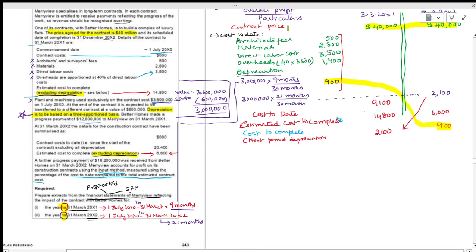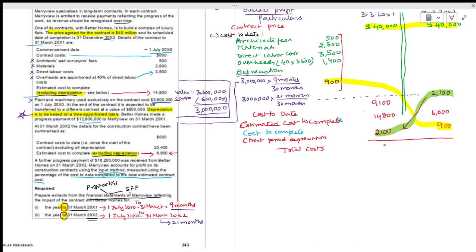Is it? This depreciation we are showing here. Once we have done this, now you will understand. Once you have calculated this, what will happen? You will get the total cost.